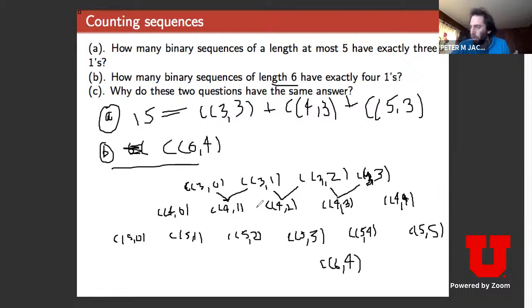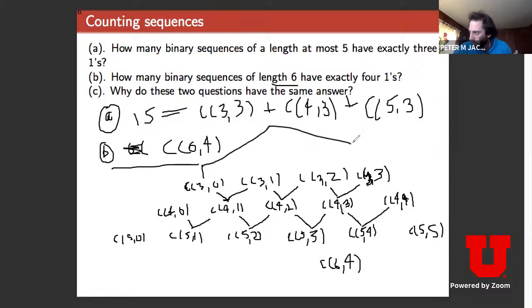And that works out further. If you take 4 choose 0 and 4 choose 1, you get 5 choose 1. 4 choose 1 and 4 choose 2 is 5 choose 2. 4 choose 2 and 4 choose 3 is 5 choose 3, and so on. I didn't write out all of the 6th row, and I also did not write out the first several rows because of time, so this is missing a couple of rows on the top.